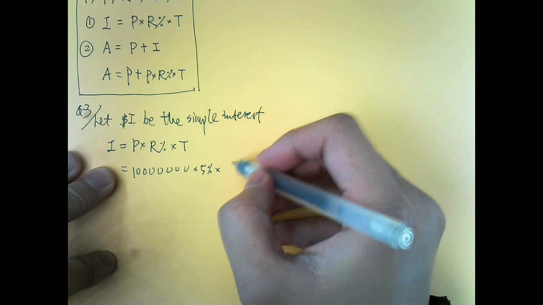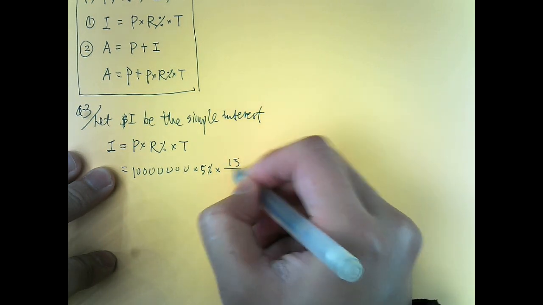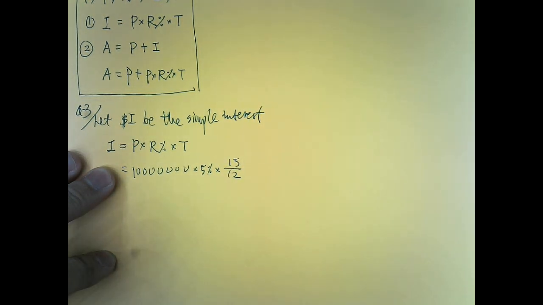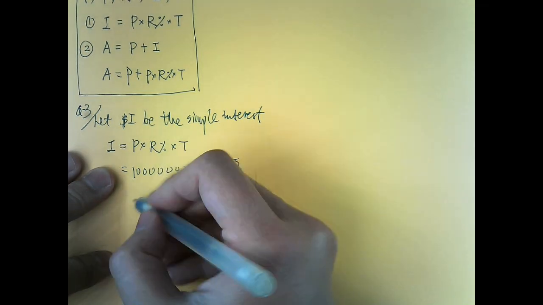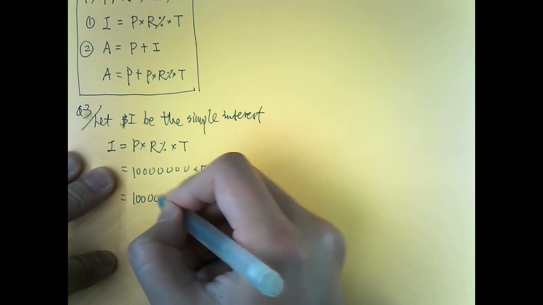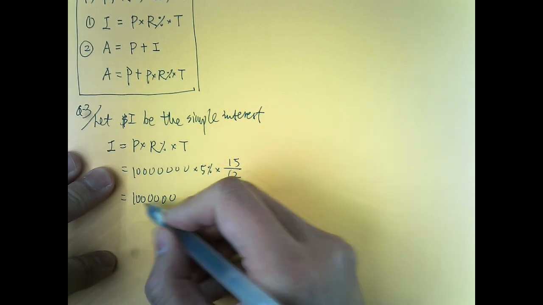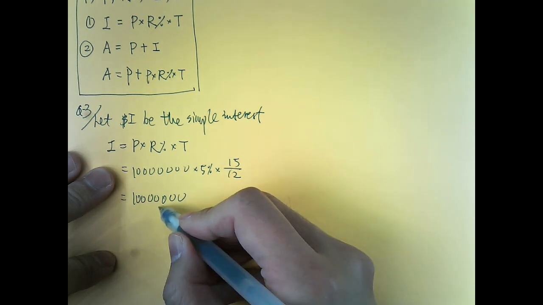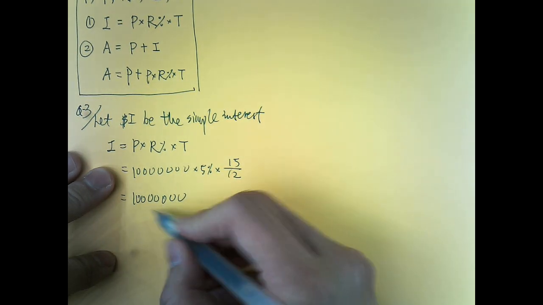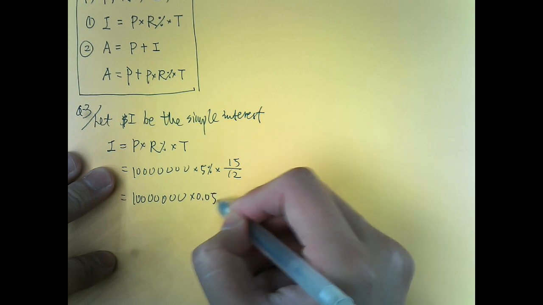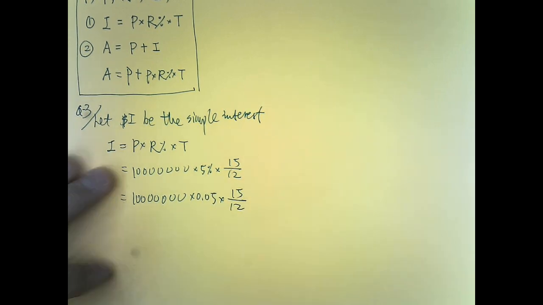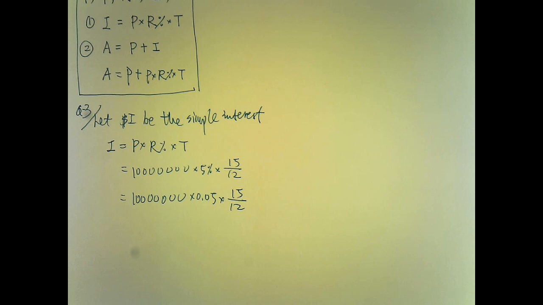How to change it into years? You divide by 12 because 1 year has 12 months. I recommend you make this a decimal, then go to your calculator. Don't miss the zeros of the 10 million.